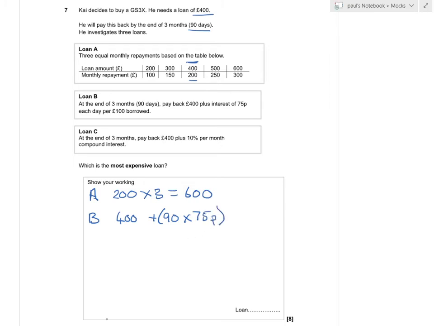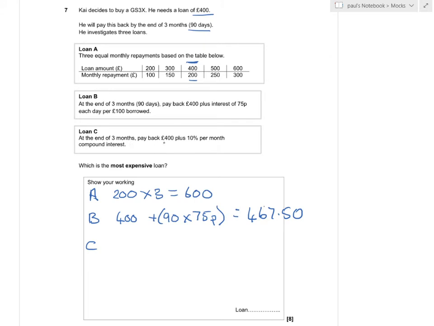So 90 times 0.75 and the answer comes up in pounds, so that will be £67.50. So that will be £467.50. That looks like a better deal so far. I wonder what the other one is. I might have made a mistake there, so I'll come back to that.